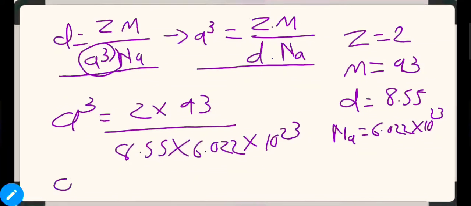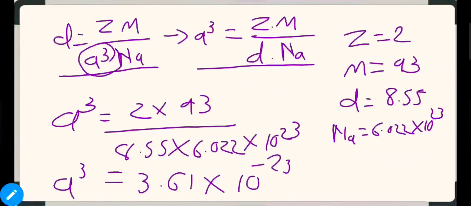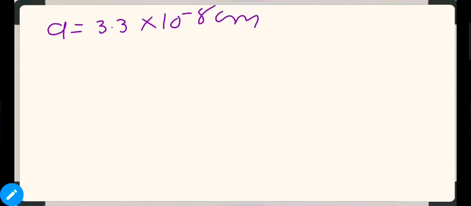That means a cube will be 3.61 into 10 raised to minus 23. Now we need to find a, that means the cube root of 3.61 into 10 raised to minus 23. So a is equal to 3.3 into 10 raised to minus 8 centimeters.